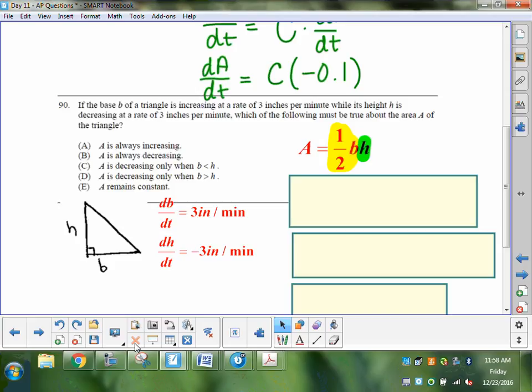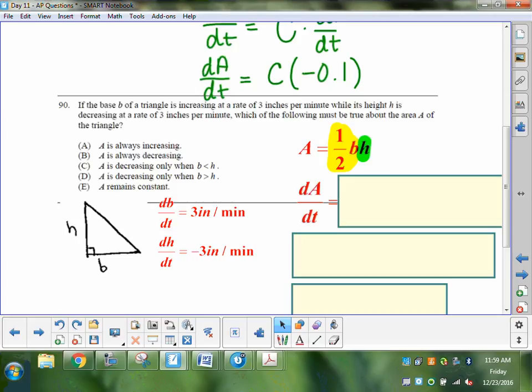Okay, so what's the derivative of this going to be on the left? dA over dt equals. What did you say it was? 1/2 what? What do we need to do in order to take out this derivative?